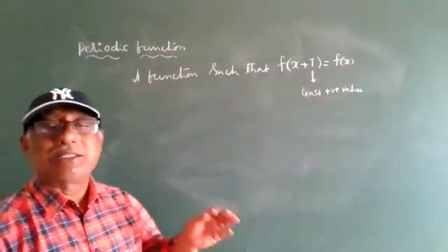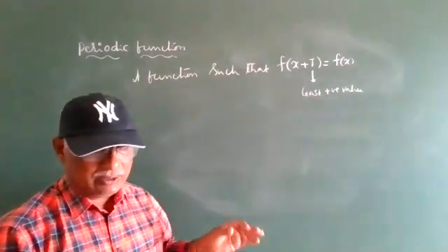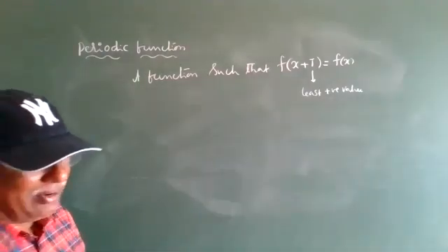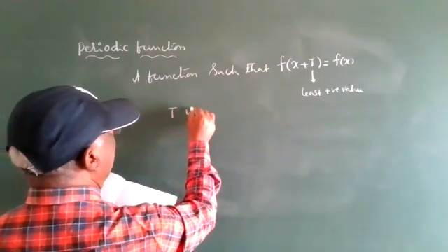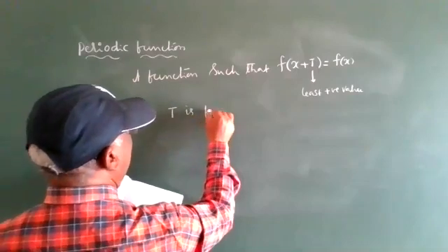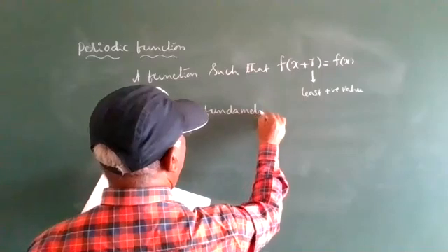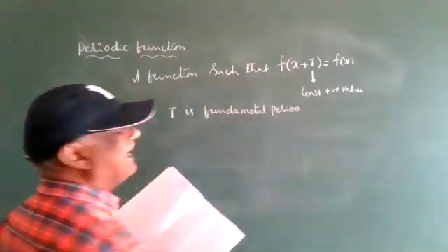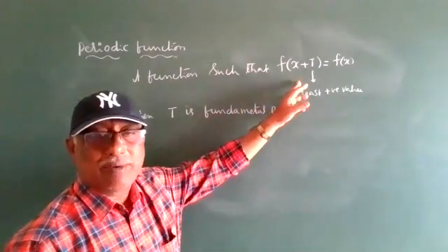So f of x plus t is equal to f of x, then t is the fundamental period. Fundamental period means least period, so we should take the least value.